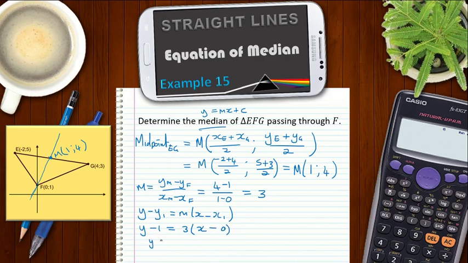Then y minus 1 is equal to 3x. We take the 1 over to the other side, so therefore y is equal to 3x plus 1. And this then is the median. That's the equation of the straight line that goes through the point F and through the midpoint of the opposite side.